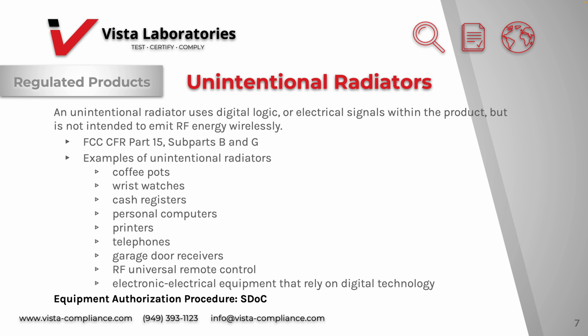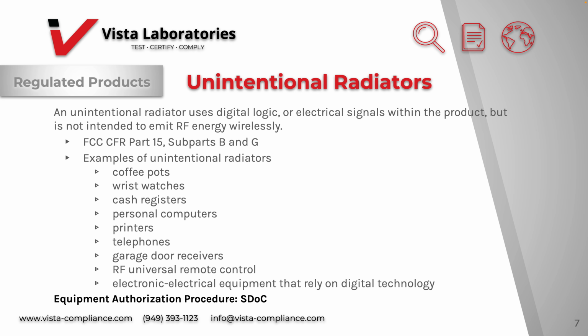An unintentional radiator is a device that by design uses digital logic or electrical signals operating at radio frequencies for use within the product, or sends radio frequency signals by conduction to associated equipment via connecting wiring, but is not intended to emit RF energy wirelessly by radiation or induction.